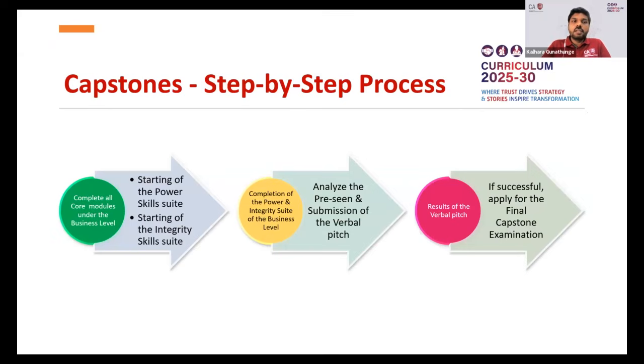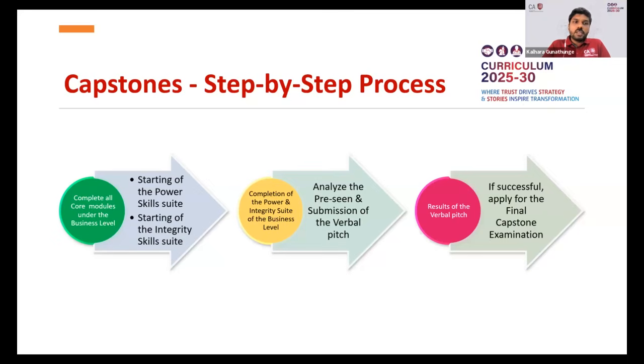We did a number of sessions on this curriculum structure, and also a separate session on capstones. There are a few steps that you need to complete in order to finish your capstone module under the business level. As I mentioned before, you have 4 core module subjects.